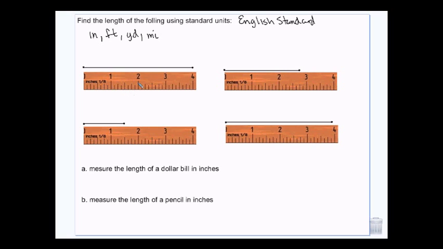Between the 1 and the 2, the halfway point, that's 1.5. The halfway point between the 1/2 and the 1, that's 1/4. So this would be 1/4, 2/4, 3/4.